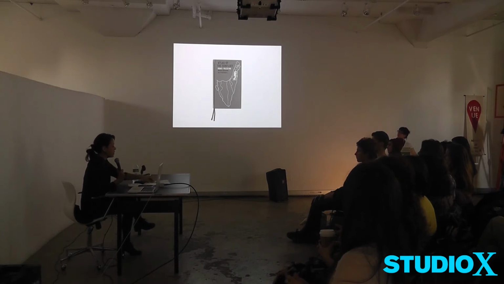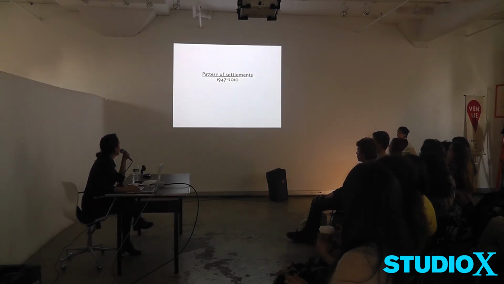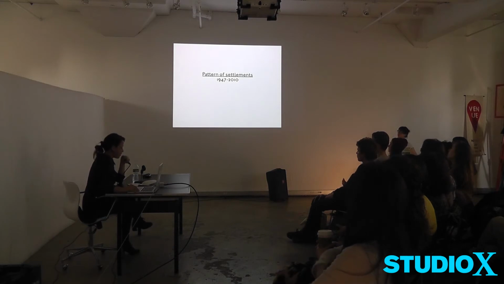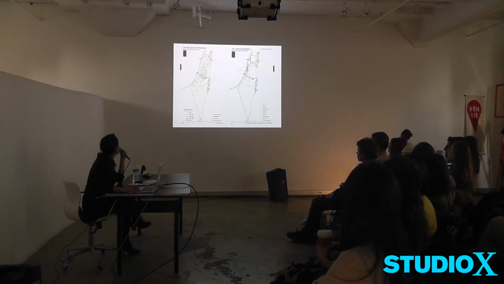For instance, I will show a couple of chapters very quickly, and I'll explain how the book works. Patterns of settlements, from 1947 till 2010. The brown maps are Palestine, the blue maps are Israel.